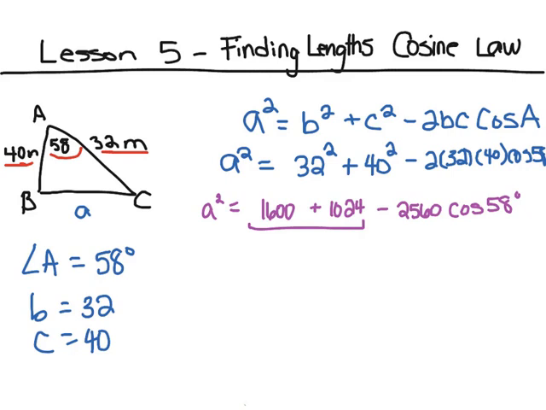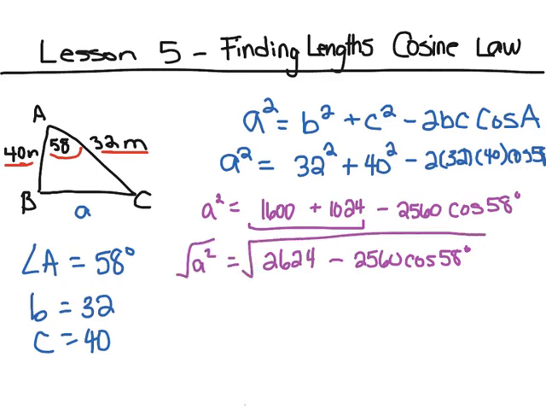So you should get 2624 minus 2560 cos 58. And we're going to square root both sides. So we want A to be equal to the square root of 2624 minus 2560 cos 58.